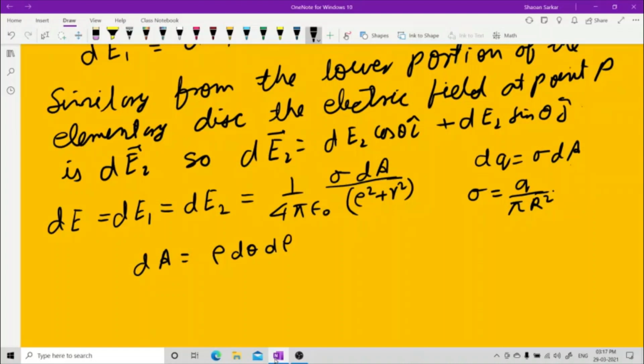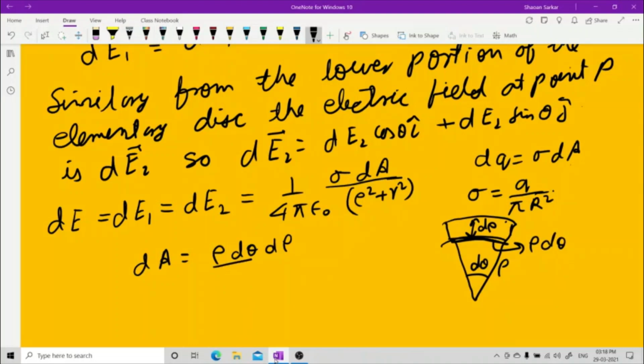Why? Now you see in the figure. In this figure, you have taken an elementary portion of the disk like this. The thickness of this, I told you, is d rho, and this is d theta, and this is rho. This length is rho d theta. So the area is length into breadth.